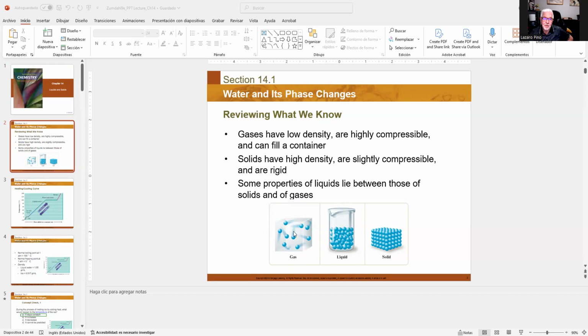It depends on the volume of the container. The liquid, they have a volume, but the shape depends on the vessel they are in. The solids have both fixed volume and shape.